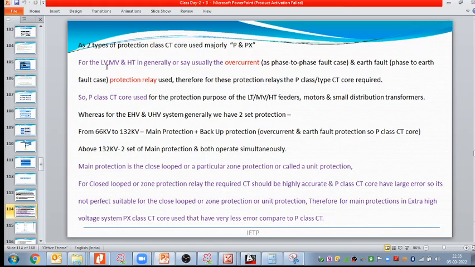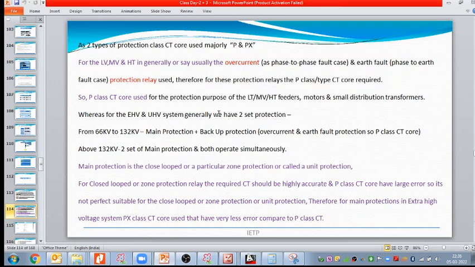For low voltage, medium voltage and high voltage, I am talking about 11 kilovolt and 33 kilovolt, usually when a phase to phase fault or any phase to earth fault happens, overcurrent and earth fault protective relays are used for this voltage level.